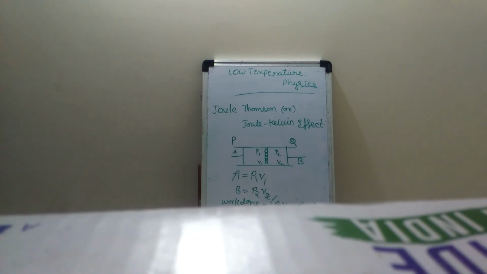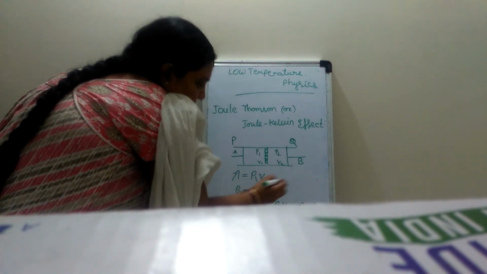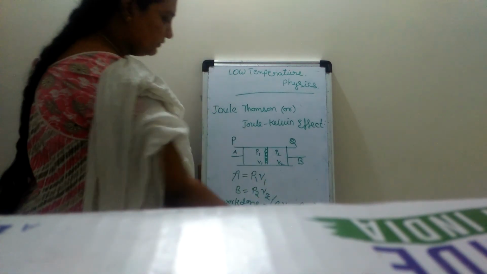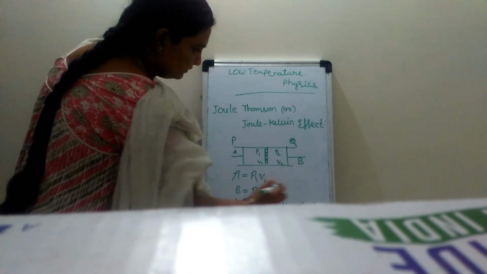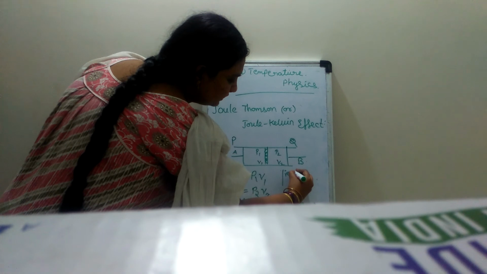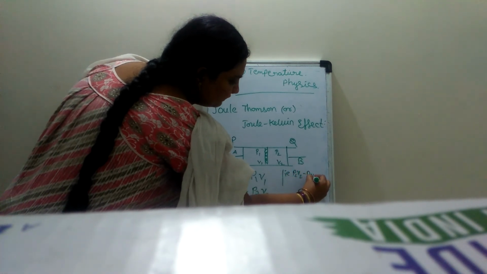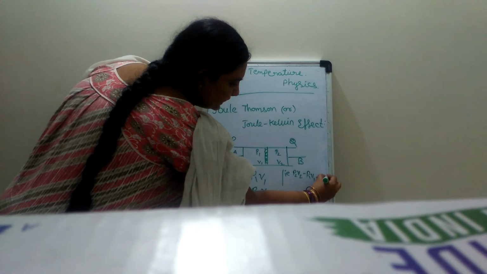So P2 V2 minus P1 V1 equals U1 minus U2.